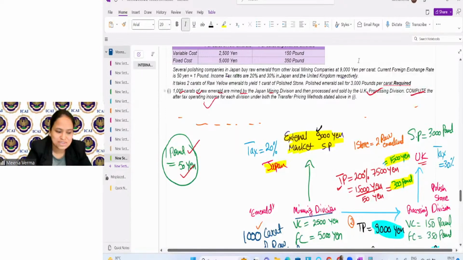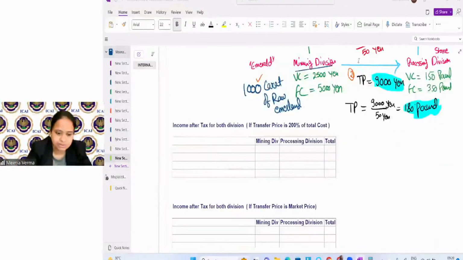And it is not just enough. The point is that you can do the calculation using both the currencies also, considering their respective currencies. Okay, I should add one more column here.